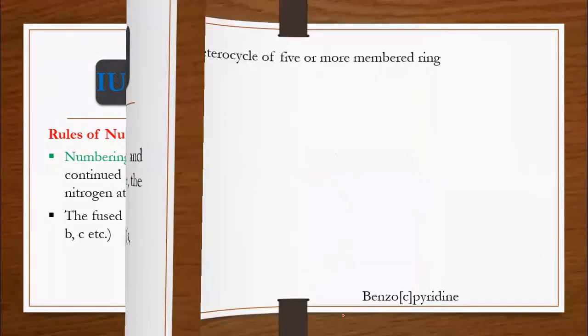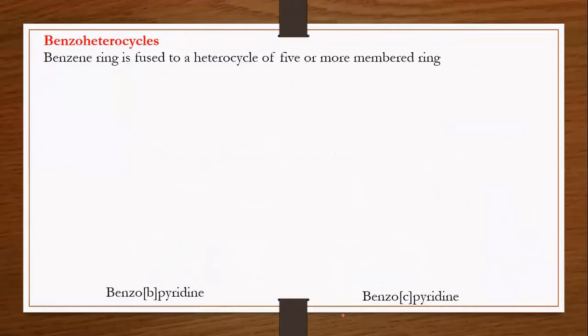Okay. Now this is one kind of method to give IUPAC name to the quinoline and isoquinoline. But there is another type also. In this case, quinoline and isoquinoline are considered as benzoheterocycles.